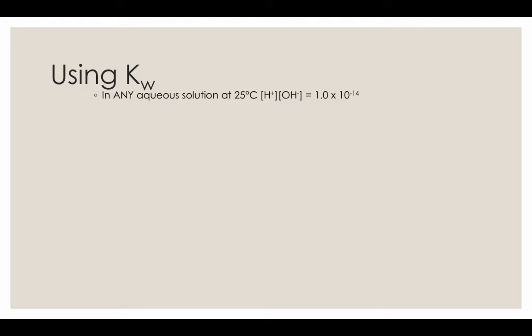Well, it turns out that in any aqueous solution at 25 degrees Celsius, if you multiply the H+ concentration times the OH- concentration, you will always get a value of 1.0 times 10 to the negative 14th. In neutral solutions, H+ concentration and OH- concentration are equal, both at 1.0 times 10 to the negative 7th.